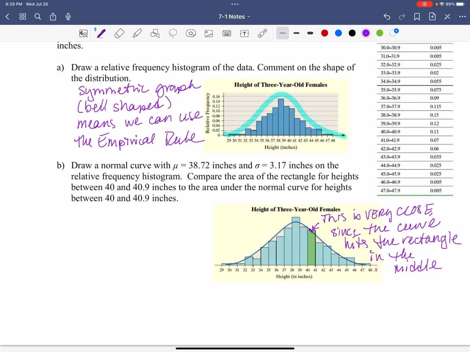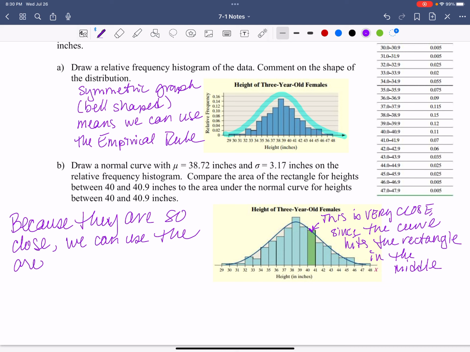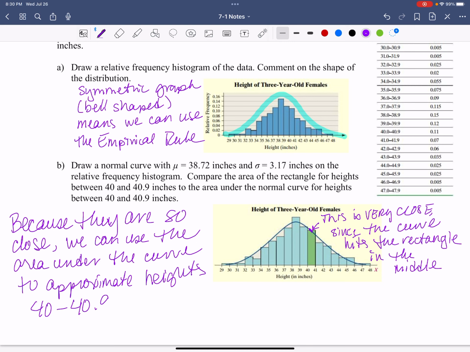So when I have a rectangle like this, because they are so close, we can use the area under the curve to approximate the height in the 40 to 40.9 inches option, because that's what it asked us.